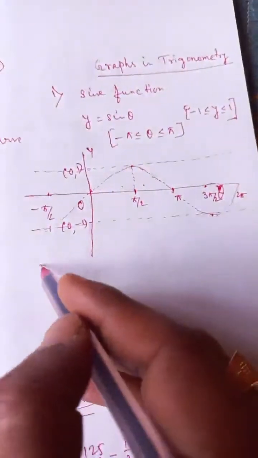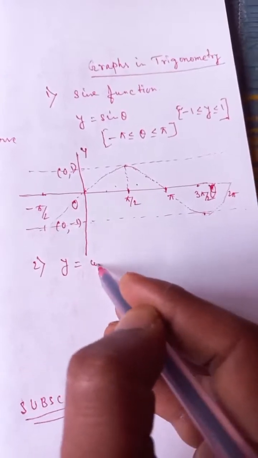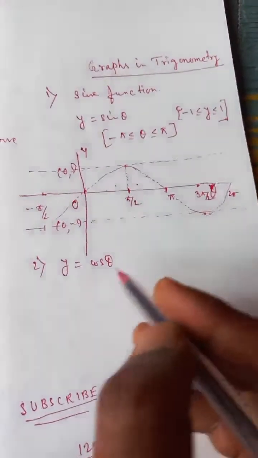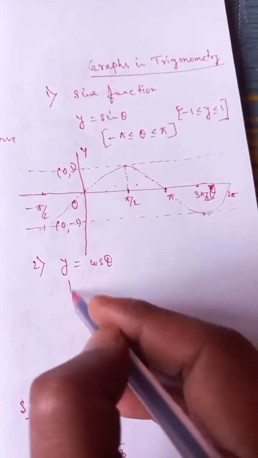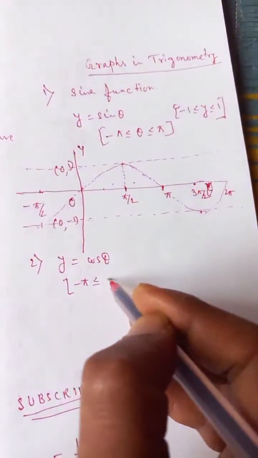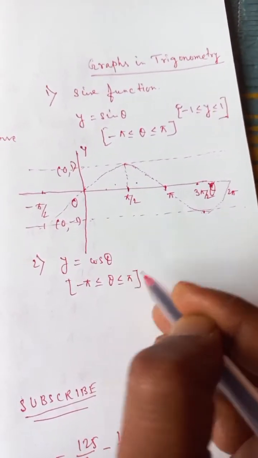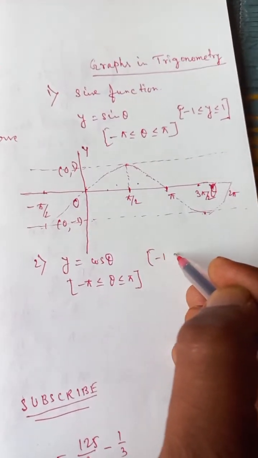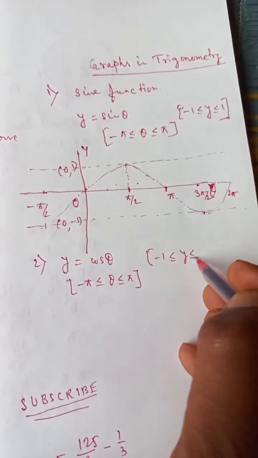If we take the cosine function, y is equal to cos theta, theta again from minus pi to pi, and y will be minus 1 to 1.